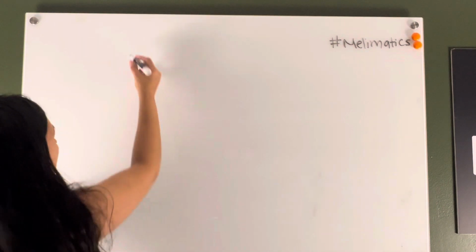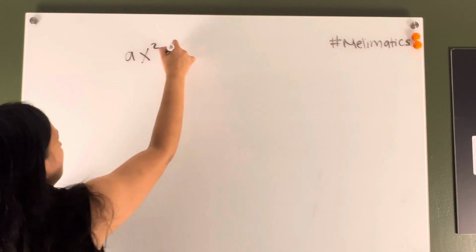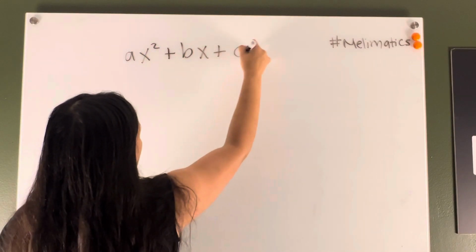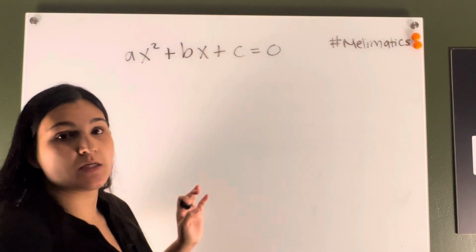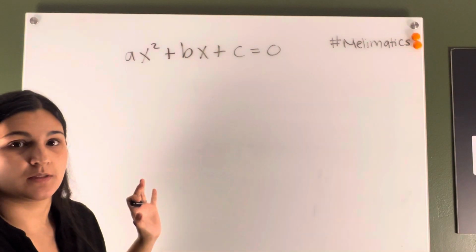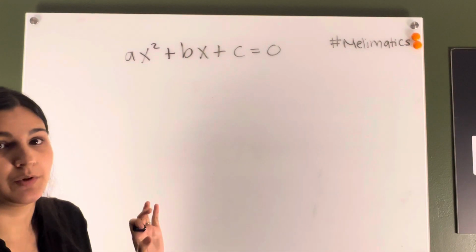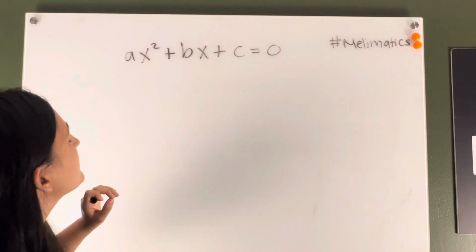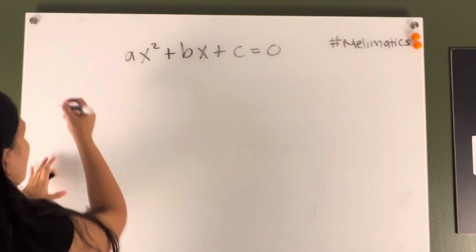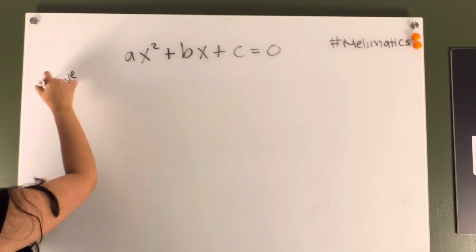We're going to start off with the general form of a quadratic function, where we don't know a, b, and c, but this is going to be true for all a, b, and c, where a, b, and c are real numbers, right? So first, I'm going to solve this by complete the square.